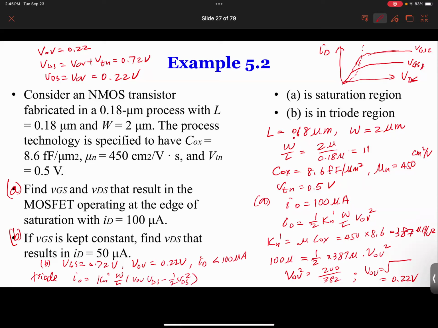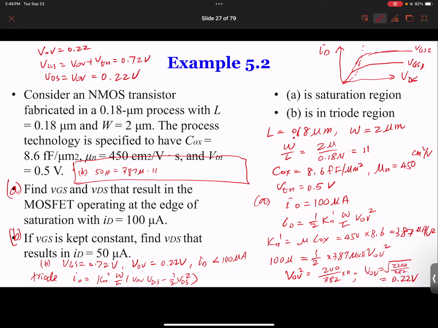Now you can plug in these numbers. I'm going to write in the middle here for question B. So it's going to be 50 micro equal to 387 micro times W over L, which is about 11. Oh, actually, in the previous example, I also forgot about this 11 here. So times 11, this is going to be 2200 divided by 382.